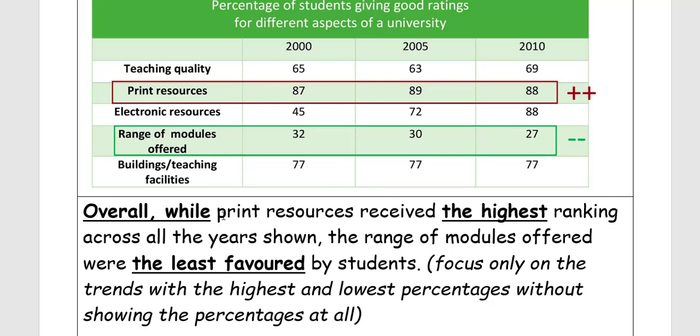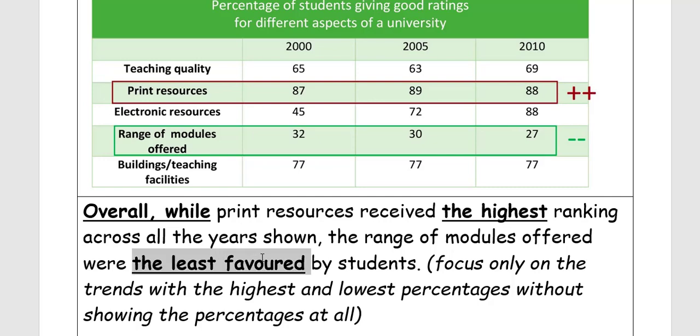So while print resources received the highest ranking across all the years shown. So if you look at print resources, it's obvious that the figures here are the highest, and therefore I wrote plus plus. And the range of modules offered were the least favored.